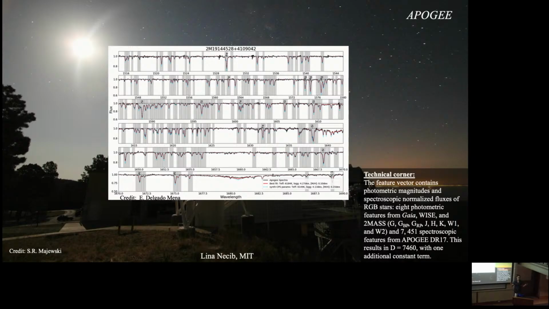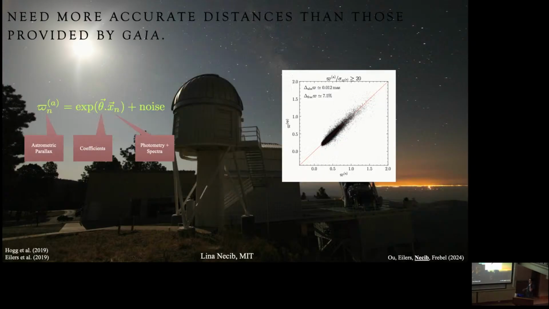And then what you're trying to do is build this almost linear, but not really linear model in which you fit all of these parameters to give you distances. So basically what you get is what we call spectrophotometric distances. And indeed, if we test those on the distances that Gaia already does very accurately, we can see that it follows the way that it's supposed to.